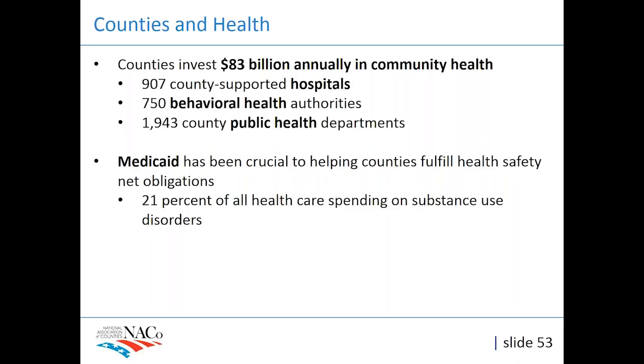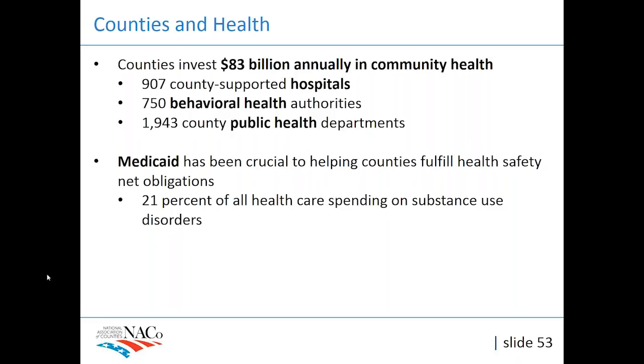I put it on this slide too, the importance of Medicaid. Even before the Medicaid program came to be a little over 50 years ago, counties were that original safety net. There actually used to be a lot more county hospitals than there are now. Medicaid has been really crucial in helping counties meet their obligations. A lot of states have state statutes that require counties to provide some sort of health care to the uninsured or underinsured.